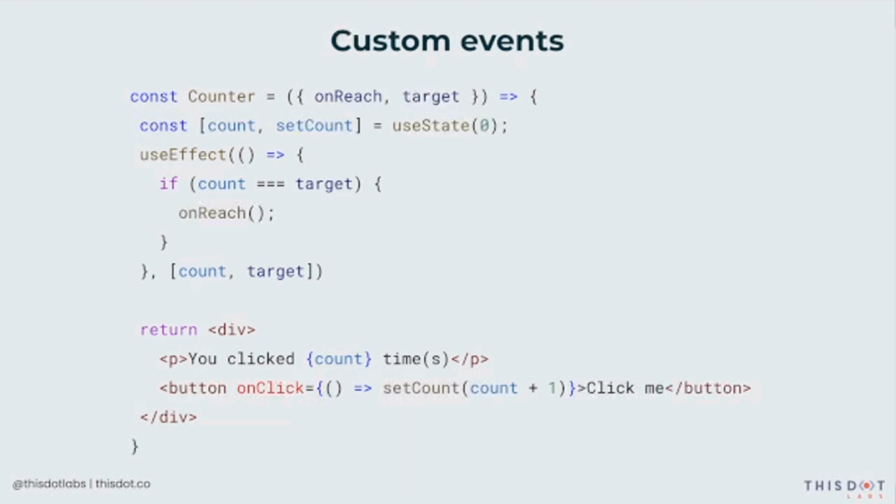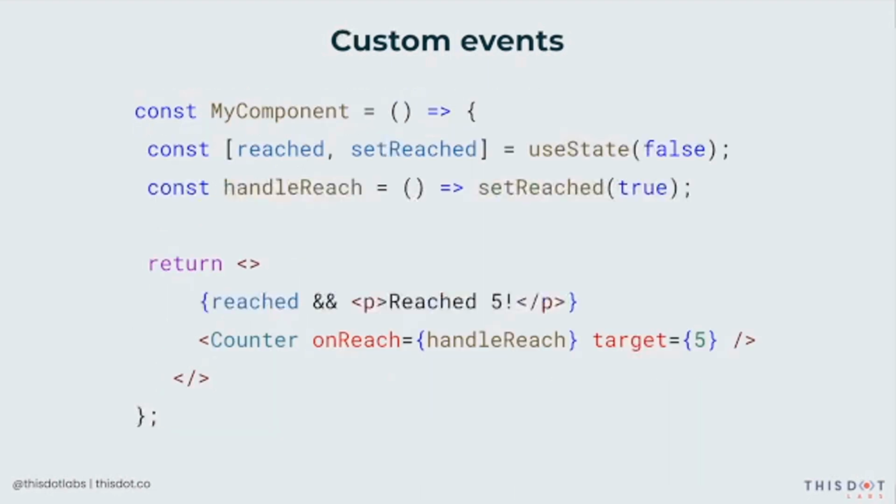And what that does is check the current count against the passed target, and if they are equal, we will call this onReach function that has been passed as a prop as well. So if count and target match, we will call onReach as if it was an event handler, and we can handle that reached event.